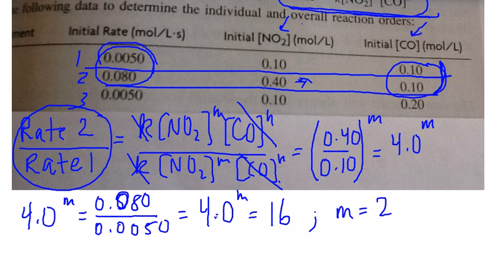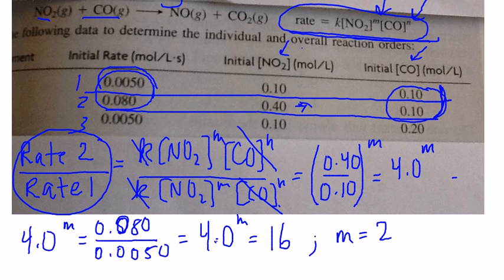We figured out now what the reaction order for the NO2 is, right? We figured out that m is equal to 2. Now we need to figure out what the n value is. So this time, instead of looking at the reaction where CO was held constant, we're going to look at reactions 1 and 3. Notice here, NO2 is held constant, but the CO is actually what has changed.